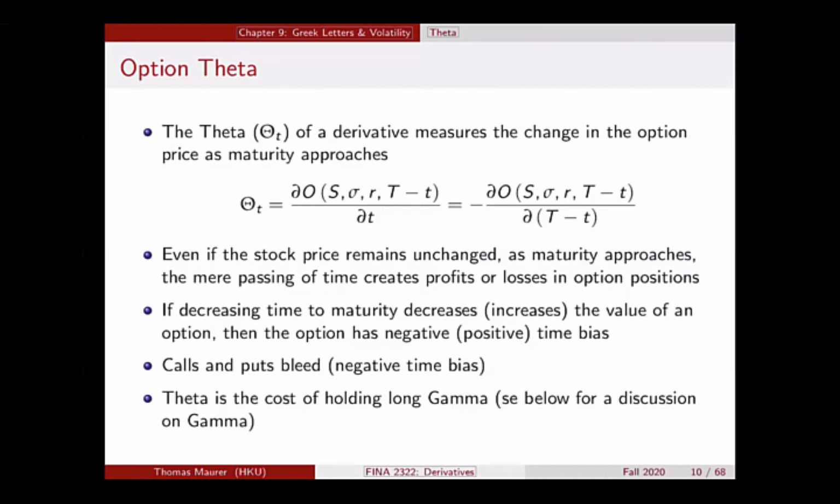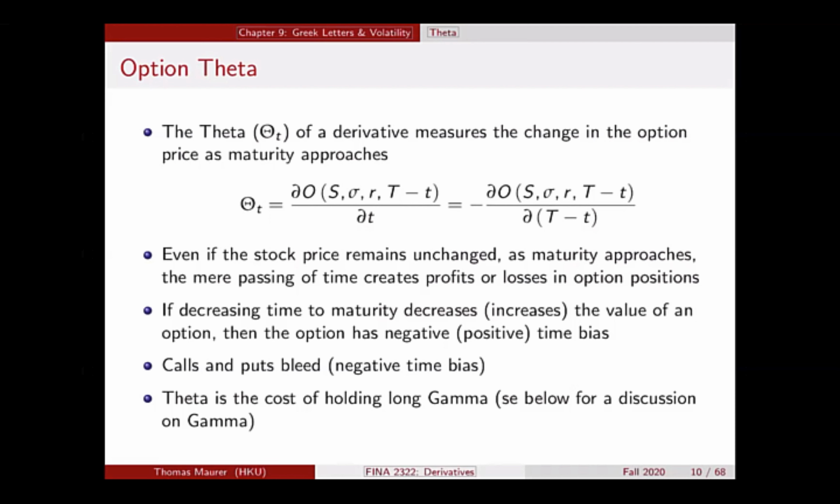The next thing I want to look at is the theta of an option. And theta is defined as the sensitivity of an option price as time changes a little bit. So what you do is you take the partial derivative of your option price. Again, the option price is a function of price of underlying, of volatility, interest rate, and time to maturity. And so if you change time a little bit, basically your time to maturity changes, and so your option price is going to be affected.